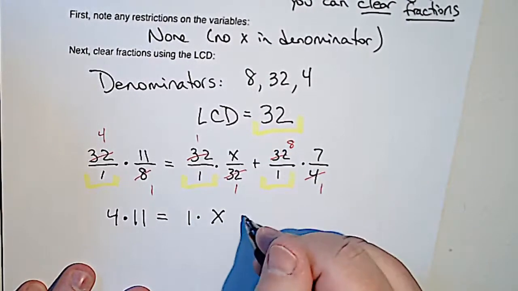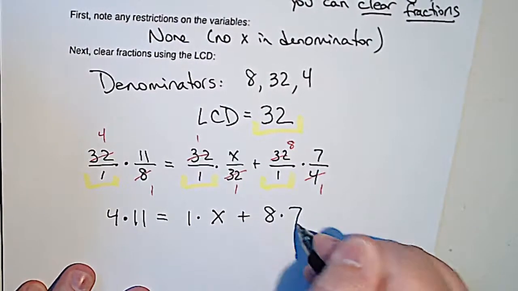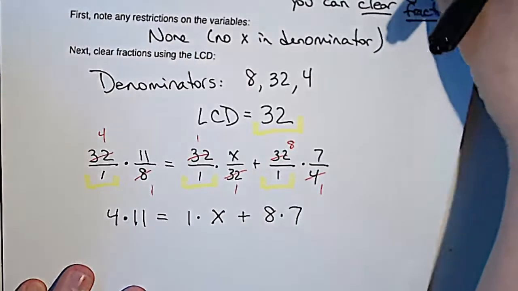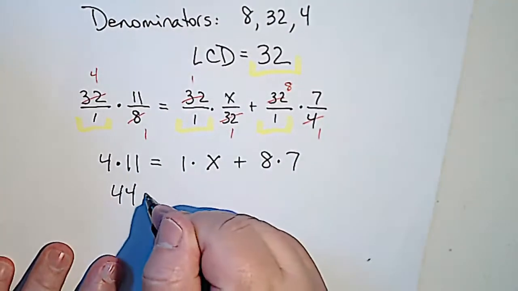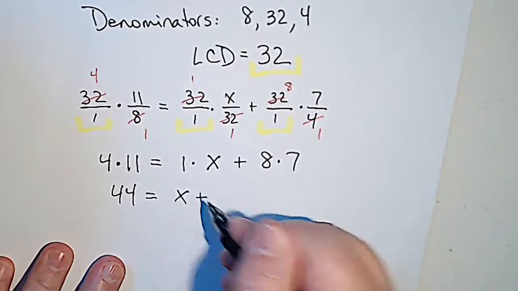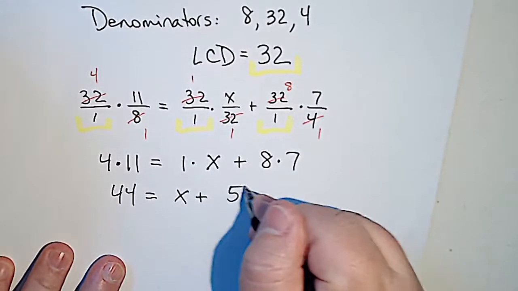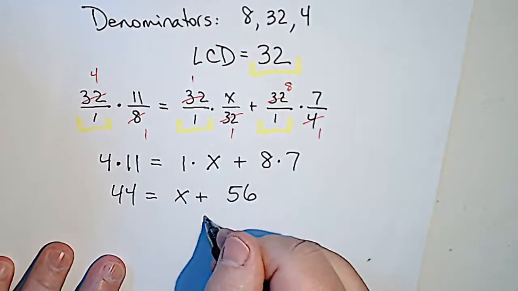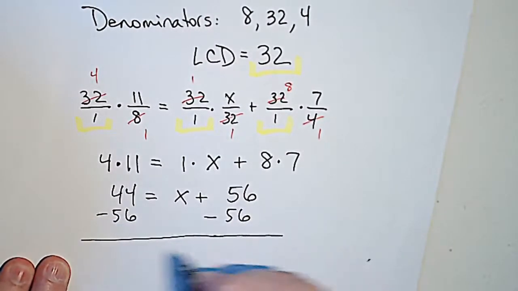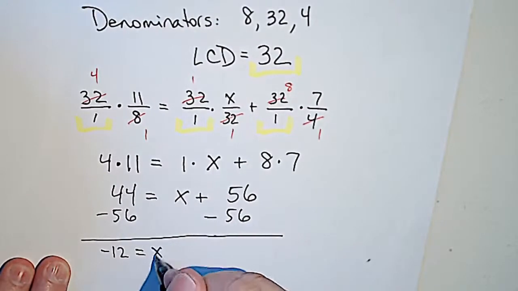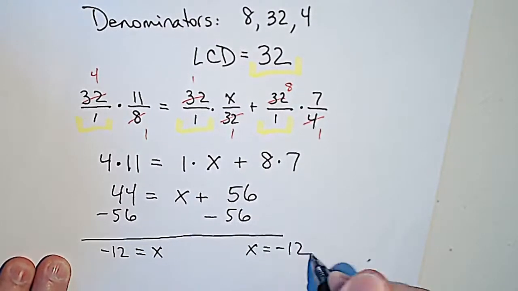And here I've got 8 times 7. So far, so good. So then I've really got 44 equals x plus, and then 8 times 7 is 56. Much easier to deal with. I'm going to subtract 56 from both sides. Negative 12 equals x. So x equals negative 12.